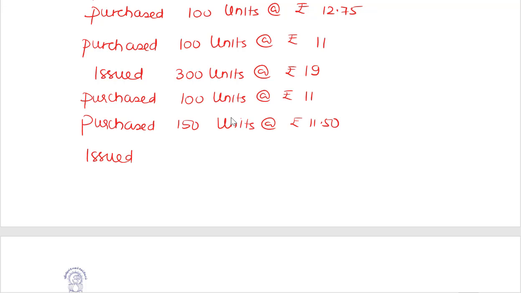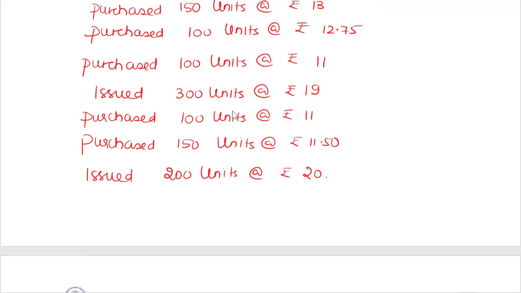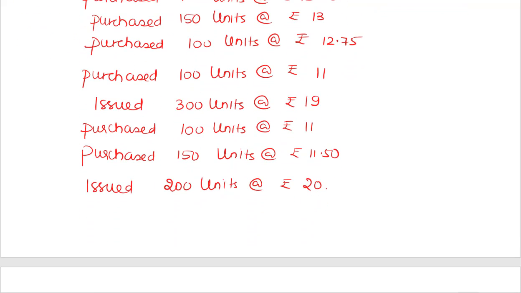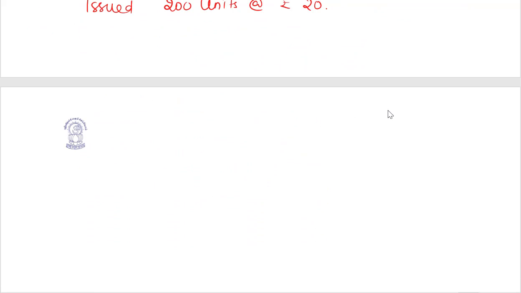Issued 200 units at 20. Calculate by using weighted average method.